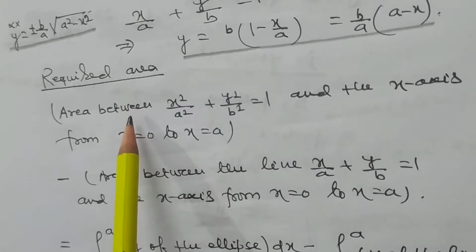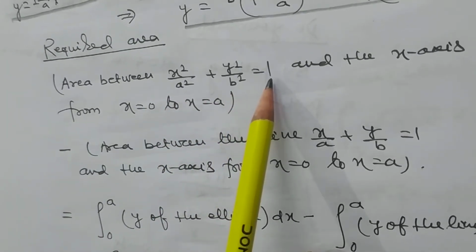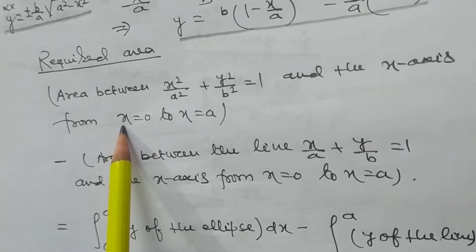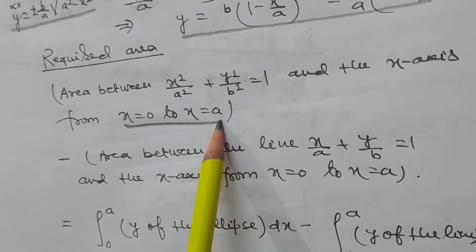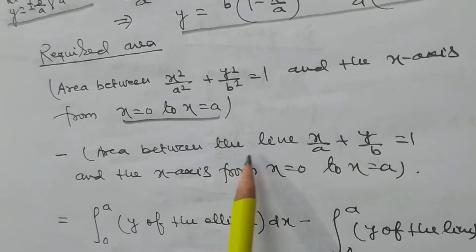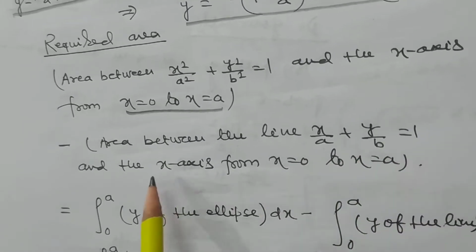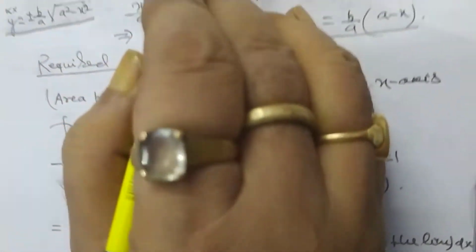So the required area is the area between the ellipse x square by a square plus y square by b square is equal to 1 and the x-axis from x is equal to 0 to x is equal to a, minus the area between the line x by a plus y by b is equal to 1 and the x-axis from x is equal to 0 to x is equal to a.